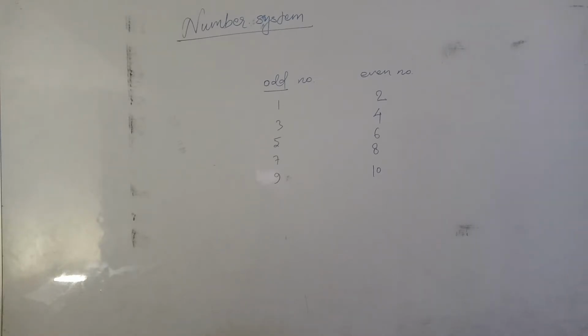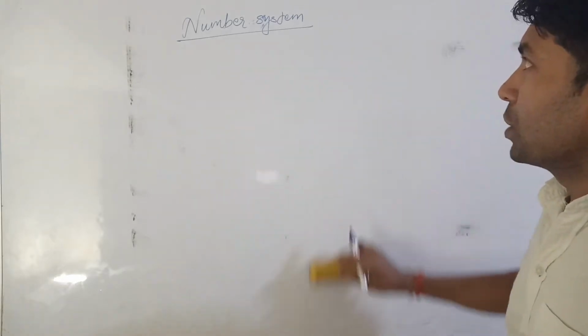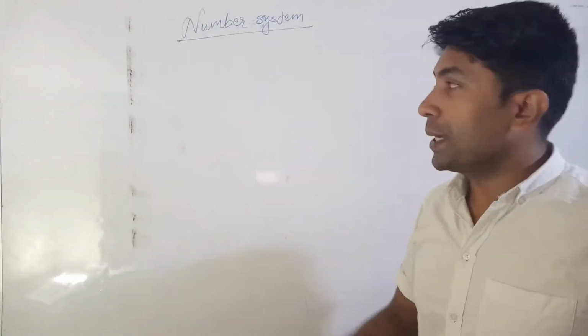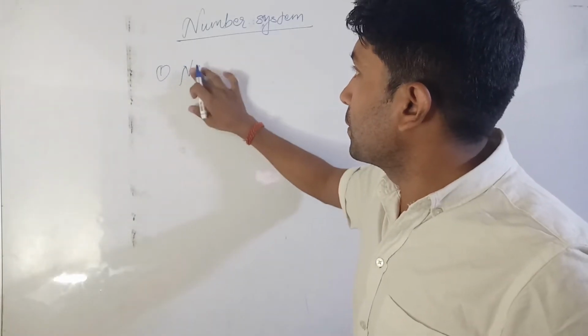Now I will teach you the next topic, and that is natural numbers. When you start from the beginning, the first kind of number is the natural number.